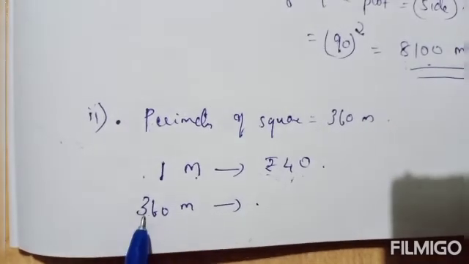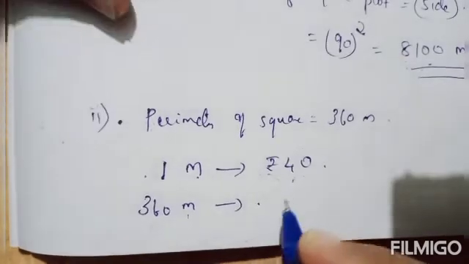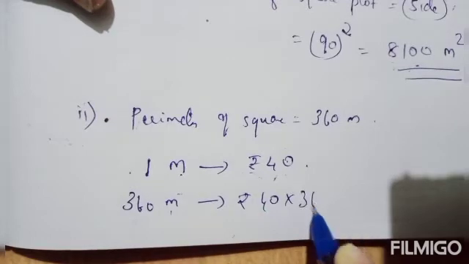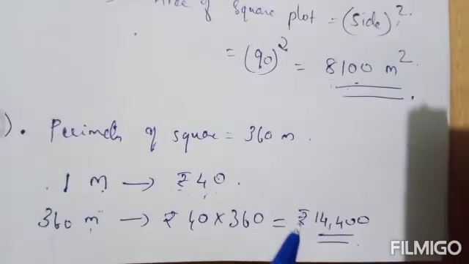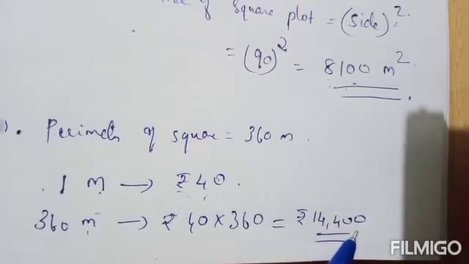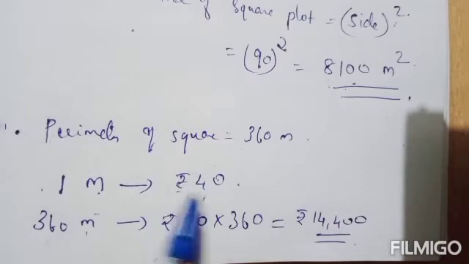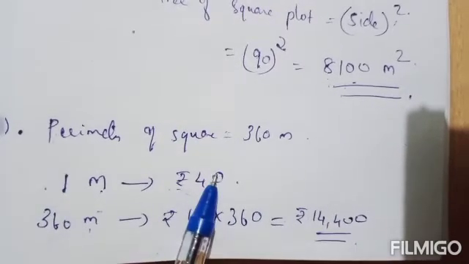So for fencing 360 meter, what will be the total cost? Just multiply rupees 40 into 360. Okay. You will get rupees 14,400. So this is the total cost of fencing its boundary at the rate of rupees 40 per meter.